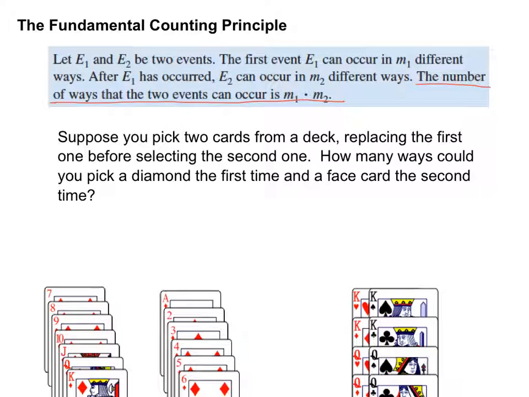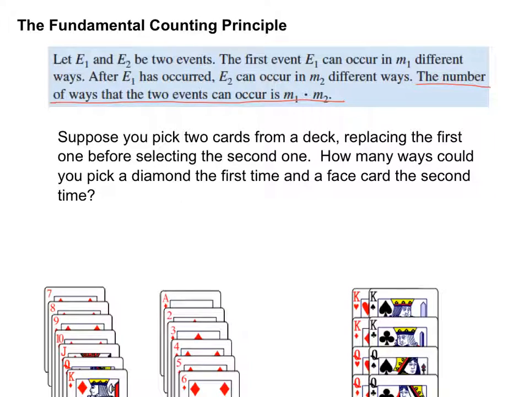So I give you this example here to illustrate and to help us understand what this is talking about. All right? Suppose we pick two cards from a deck, replacing the first one. So what does that tell us we're dealing with? Exclusive, not exclusive, the replacement, yeah. We're replacing. Okay, these are going to be independent events because we're picking out a card and we're putting it back. So nothing has changed from the first draw to the second draw.